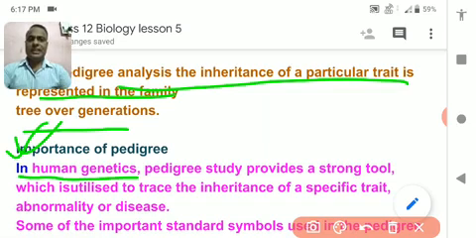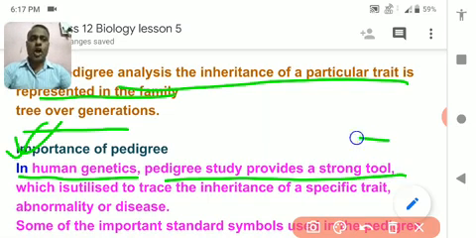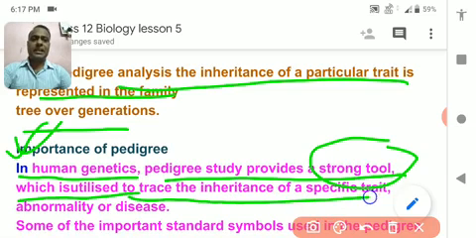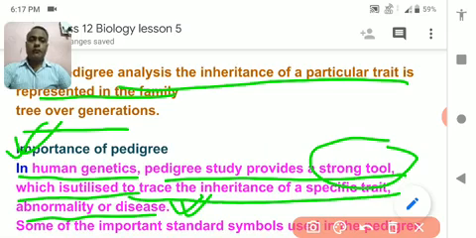In human genetics, pedigree study provides a strong tool which is utilized to trace the inheritance of a specific trait, abnormality or disease. So if you want to study a particular kind of abnormality or specific trait, how it moves from one generation to another, or whether in future this kind of problem will appear in your generation or not, it can easily be studied with the help of pedigree analysis.